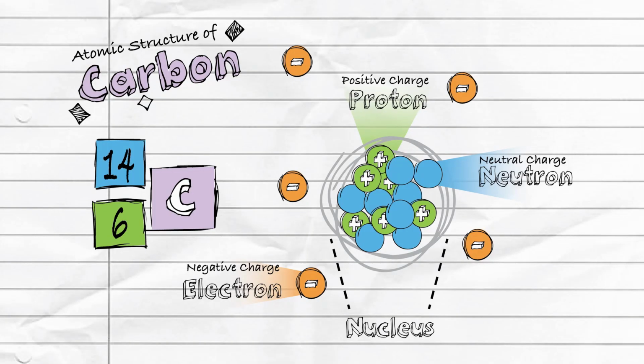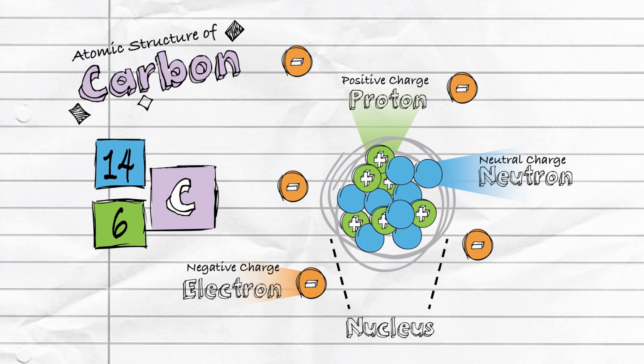What do you notice about this carbon atom? What has changed in its symbol? Can you see that its mass number has changed? There are now 2 more neutrons in the atom's nucleus, so the mass number is bigger. It's now 14 instead of 12. This carbon atom is heavier than the carbon-12 atom and is called an isotope of carbon.